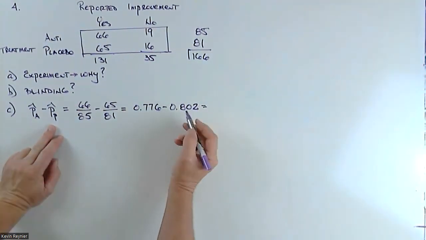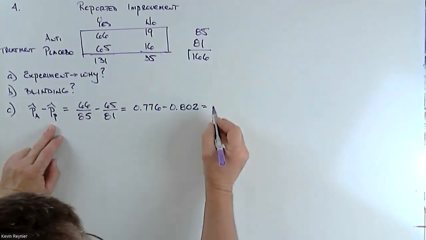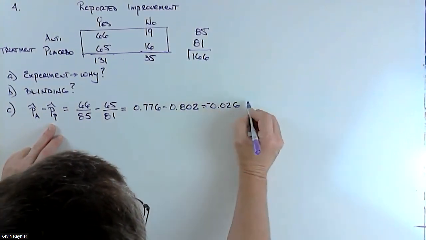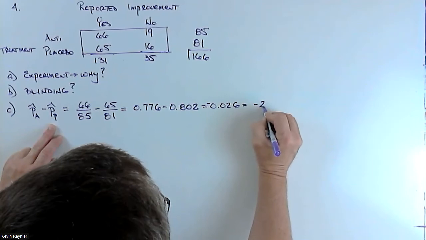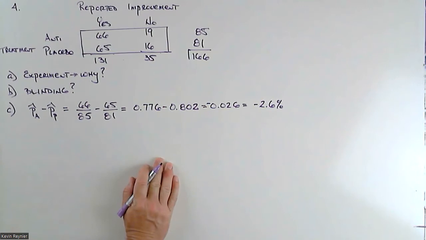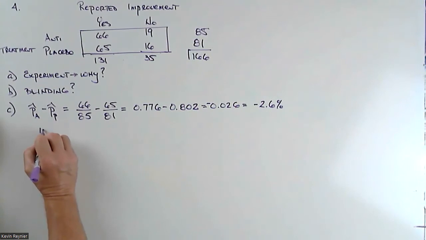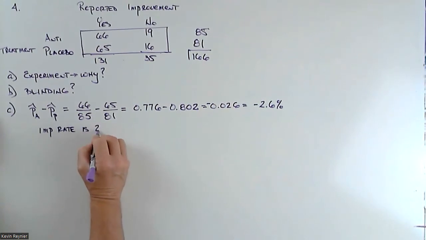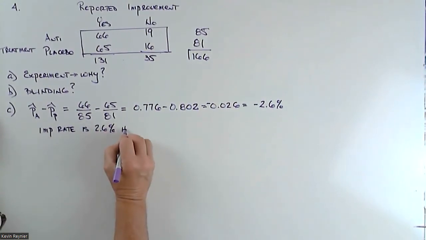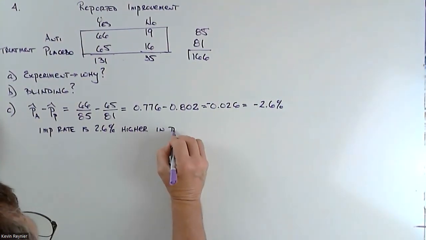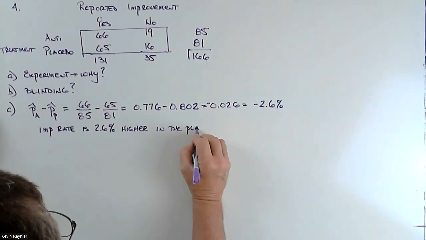So if we subtract these, this turns out to be negative 0.026, or negative 2.6%, right? So what does that tell us? Well, that tells us that the improvement rate is 2.6% higher in the placebo group.